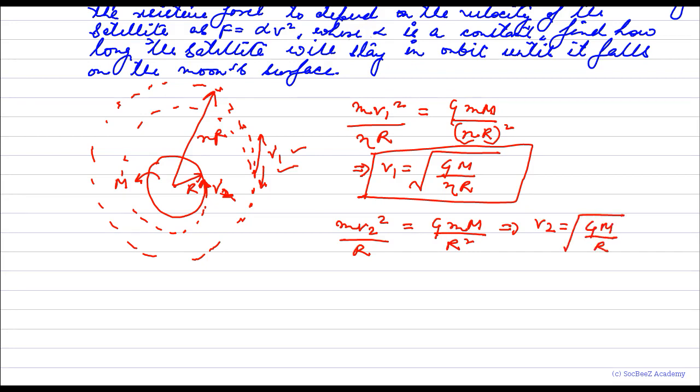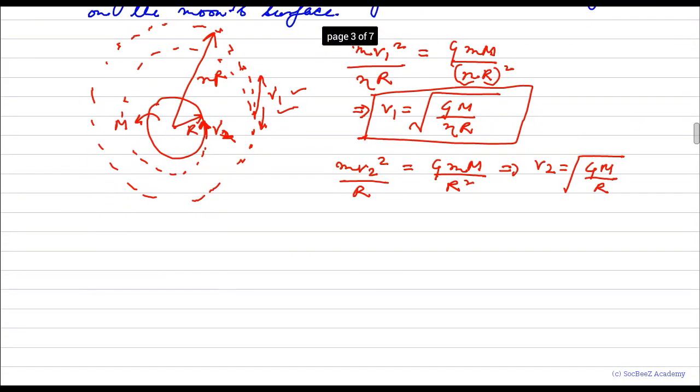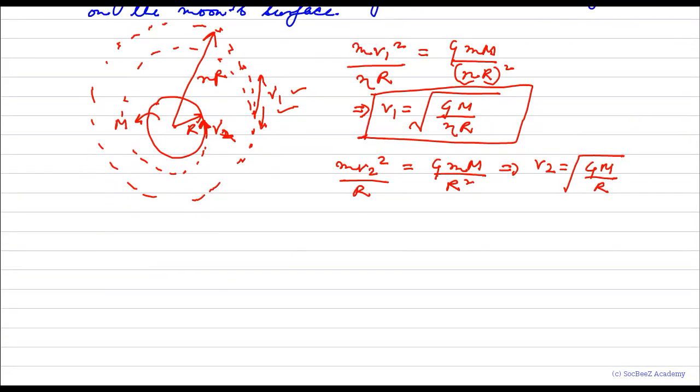Now I've been told that the resistive force is given as α into v². At this particular instant of time, let's say the velocity of the satellite is v. So the force which acts in the opposite direction on the satellite is given by this relation.